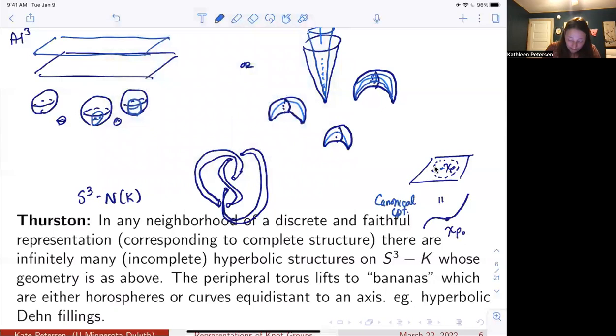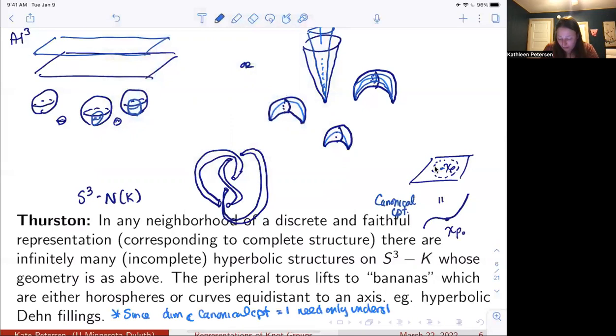So the point is that since the complex dimension of a canonical component is 1, we need only understand infinitely many representations.